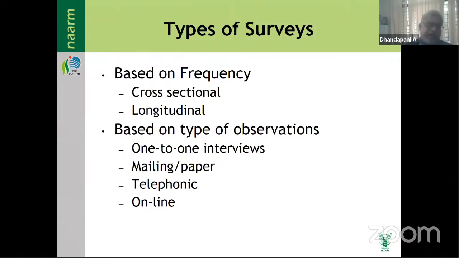Telephonic surveys were very popular earlier, when landlines were popular, not in our country, I'm saying in the US and other places. Now telephonic interviews are slowly going out, because earlier telephone directories used to be there, so people had the numbers.